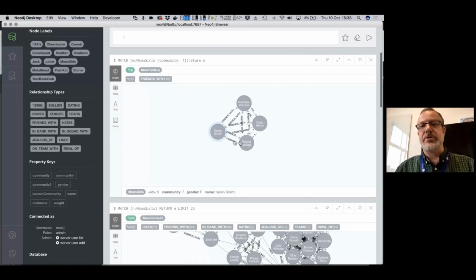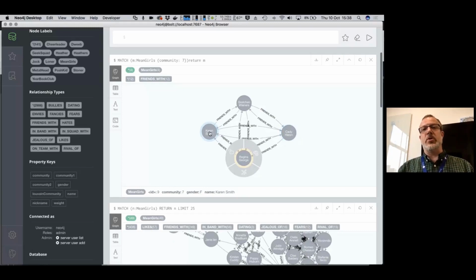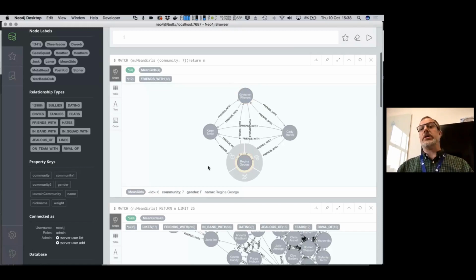Gretchen Wieners, Karen Smith, Regina George, and Katie Heron have all been put into community 7. They were originally labeled as Plastics. We took that label away, but we managed to put them back into the same community they were in before using label propagation. So we've detected these clusters of people within our graph based on who they're all friends with.